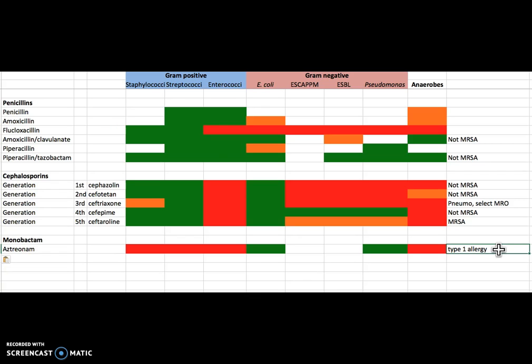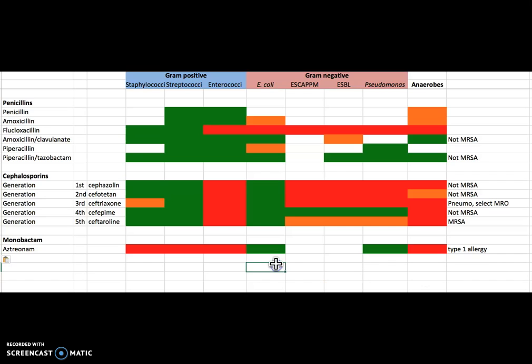It doesn't have any gram-positive action at all, and so if it's used in a mixed infection, it needs to be used with agents that have gram-positive activity. And because the patient has a major penicillin allergy, they're usually on vancomycin to give that gram-positive activity.